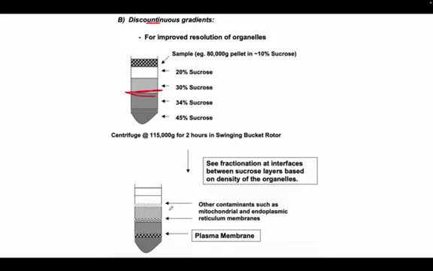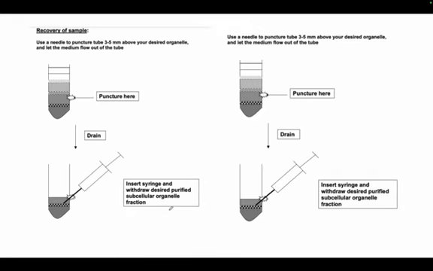If you already have an idea of what kind of gradient is required for the separation, then we can make a discontinuous gradient. How to recover the sample in this case? I already know that this is the sample that we want.